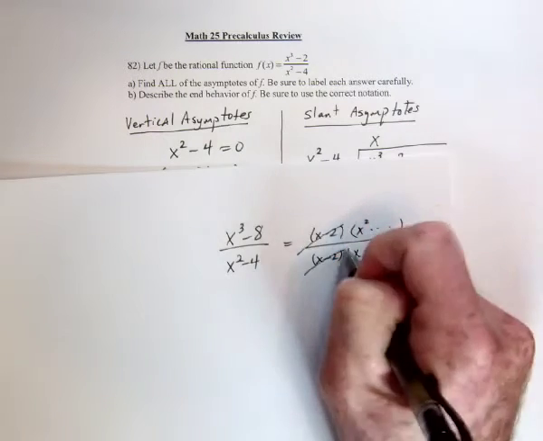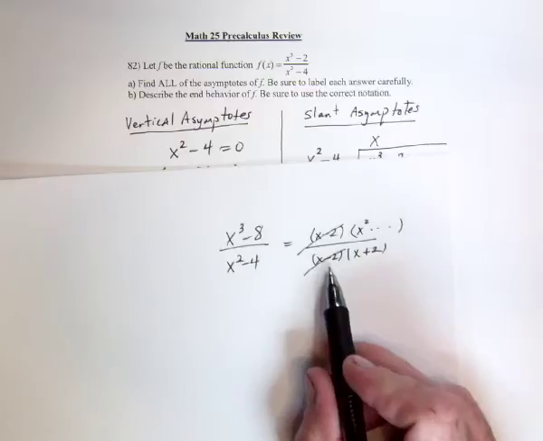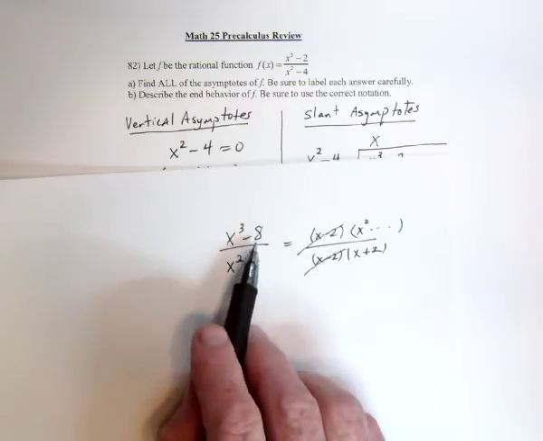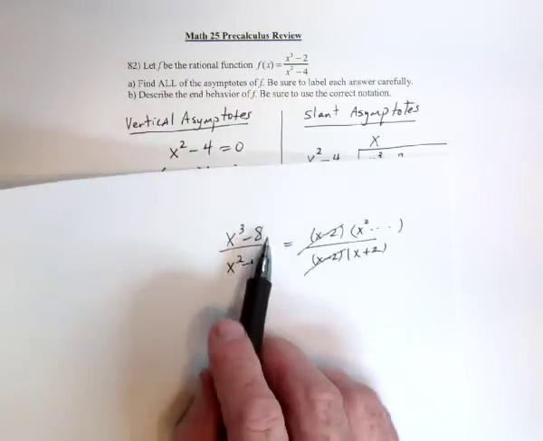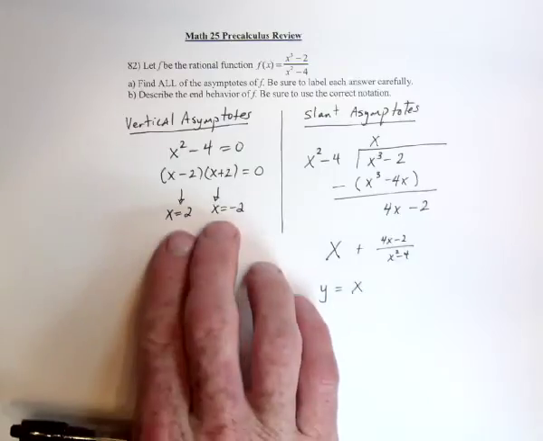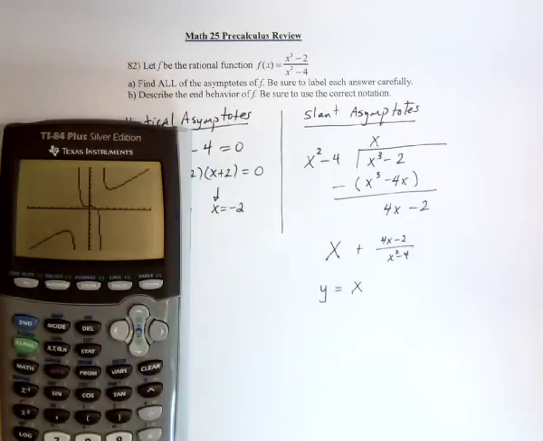So the algebra would have had those cancel. So this one, which gave us x equals 2, would have canceled. Now that's only if this was an 8 and this could have been factored. So in this case that didn't happen. As you can see, both of these asymptotes do show up on the graph.